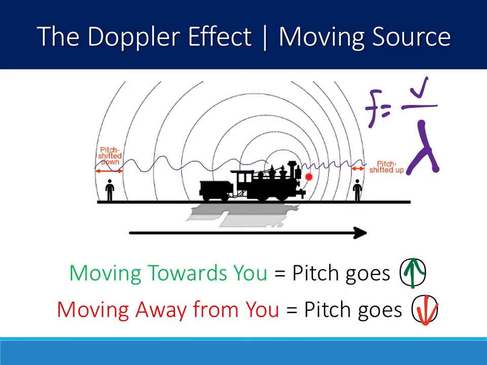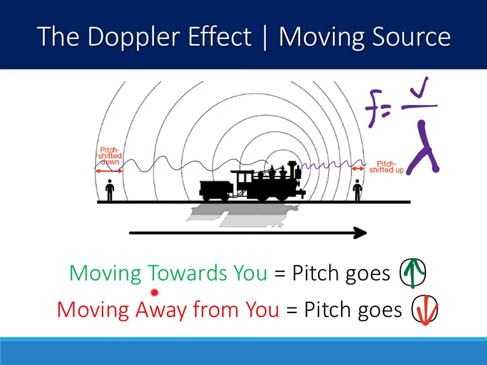Notice how the wave is happening more often for that observer. On the other side of the train, where the observer is behind the train, the frequency is actually lower. The waves are spaced farther apart from each other. Therefore, the pitch that you hear is going to be lower.